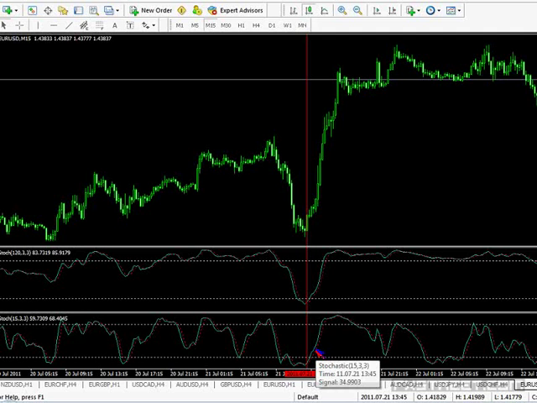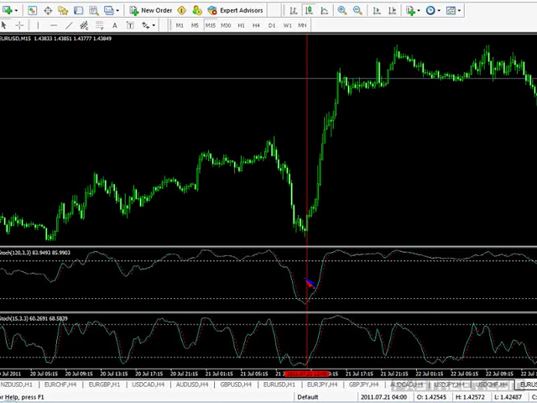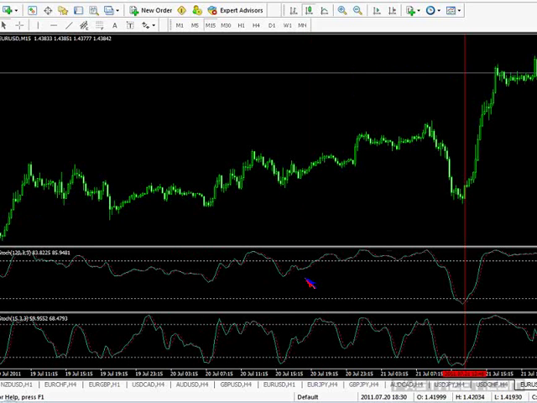And of course, the same should repeat in this particular one when the green line is above the red one. Let's see if we can find a clear example, or a clearer one, to see if you understand what I mean.